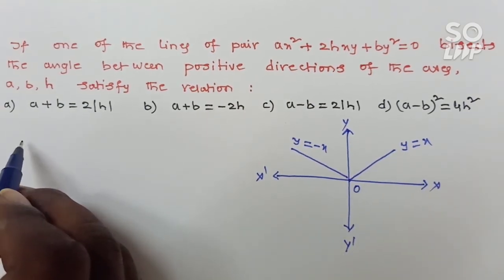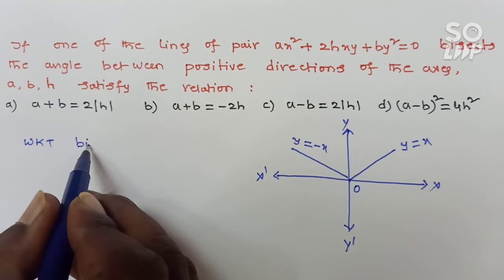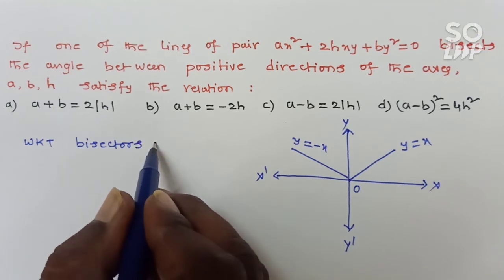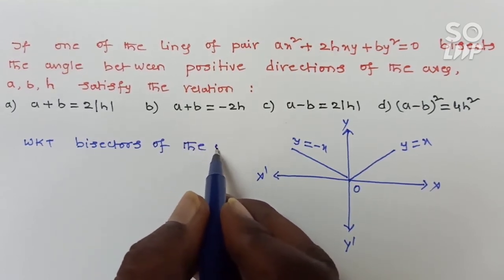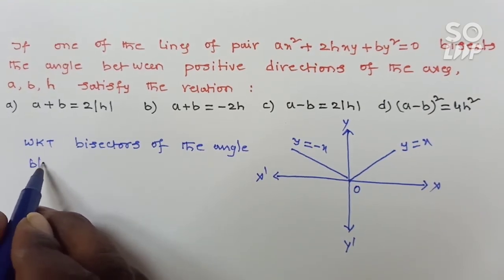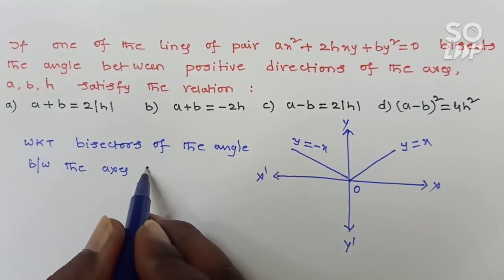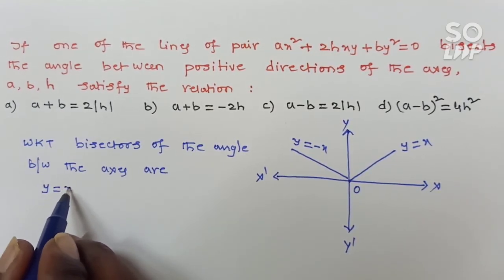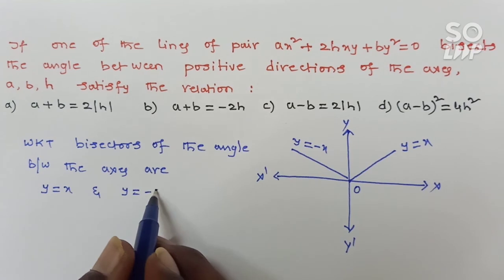So here you write that we know the bisectors of the angle between the axes: one line is y is equal to plus x and another line is y is equal to minus x.